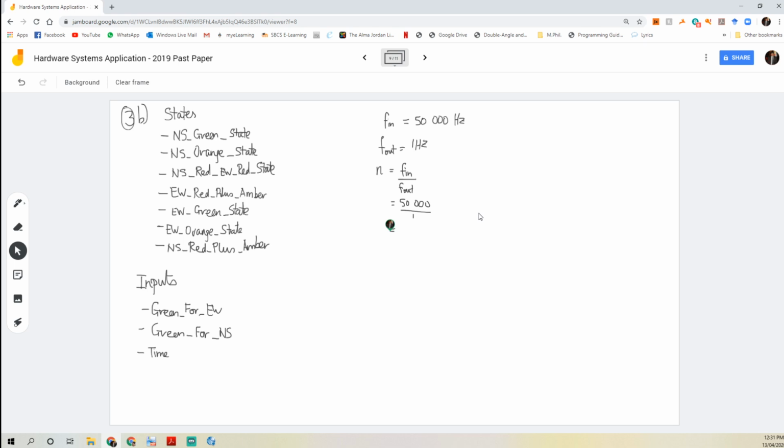Which is simply 50,000. So when we were designing frequency dividers, we would have had to develop this counter which would count up to 50,000, for example, and it would invert the output signal.